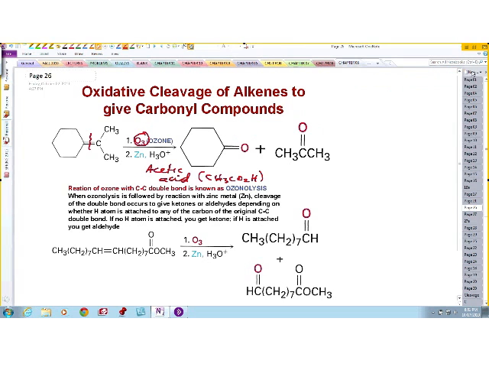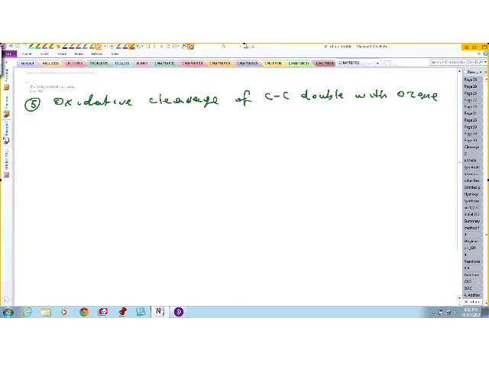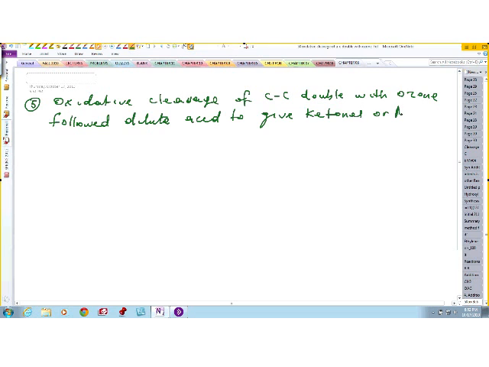Okay, so let us now give you a series of reactions. Number 5: oxidative cleavage of the carbon-carbon double bond with ozone, followed by dilute acid, to give ketones or aldehydes.